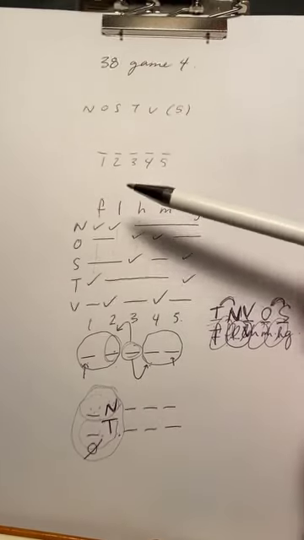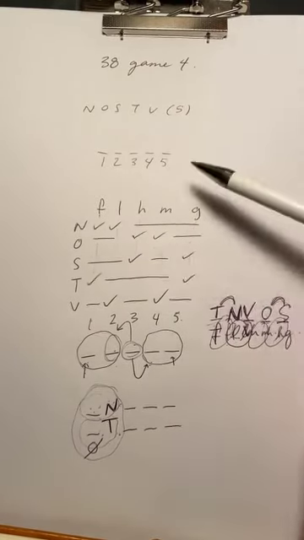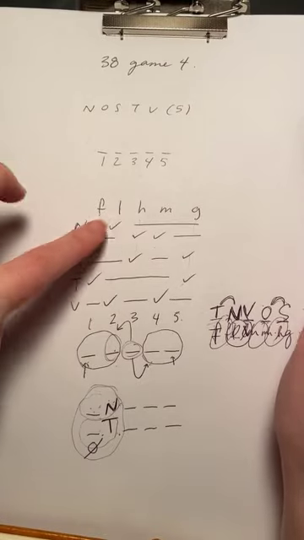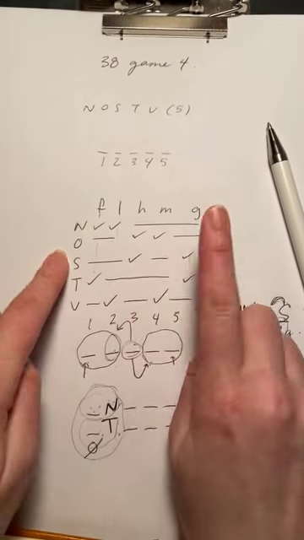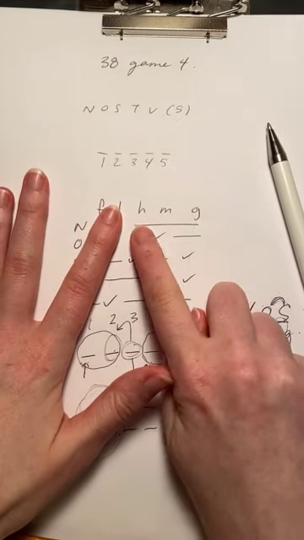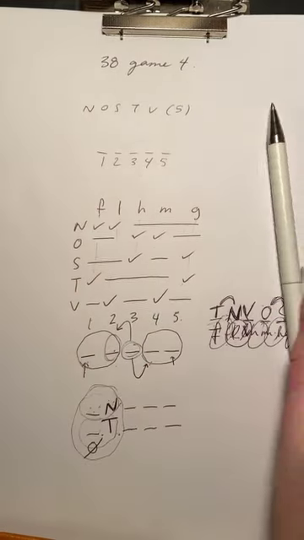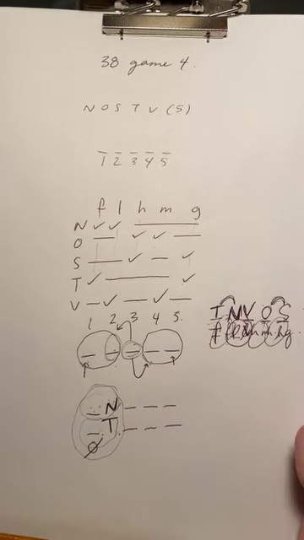And since N and T don't have any in common, right, with O, there's absolutely none in common there. O cannot be first. So you might see that proves to be useful.